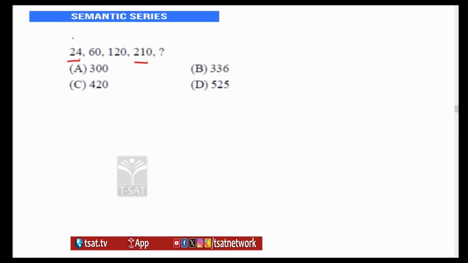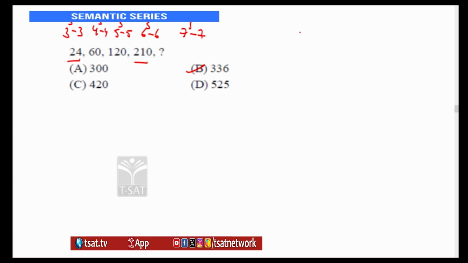I can write 24 like 3 cube minus 3, 60 as 4 cube minus 4, 120 as 5 cube minus 5, 210 as 6 cube minus 6. Obviously, the answer will be 7 cube minus 7. So, your answer is 336.